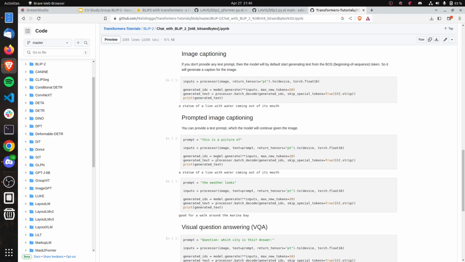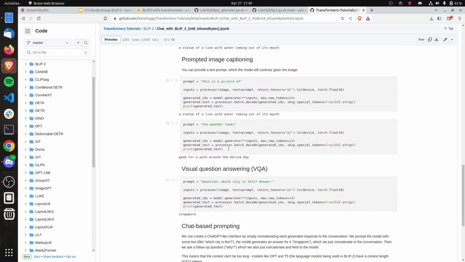It's the same process as above, except that you also have this prompt which you put into the processor. So it's really just this one parameter where we say, in the processor, we've got a text and that's the prompt. Then you call generate with the model again and decode it with the processor and you get the text.